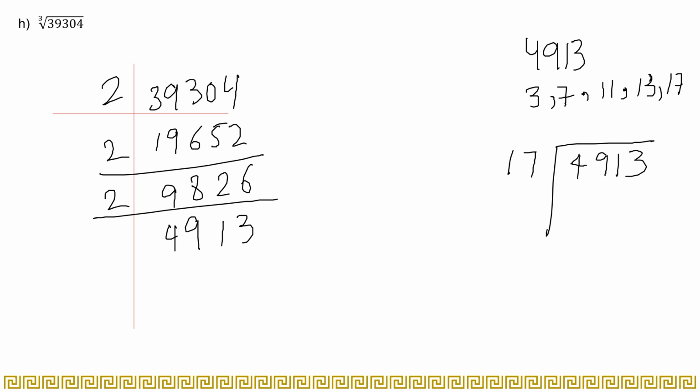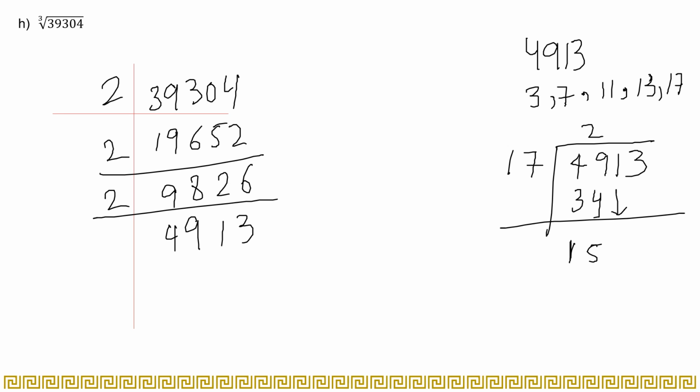4913. 17 multiplied by 2 is 34, right? 34. Now 9 minus 4 is 5, and this is 1.